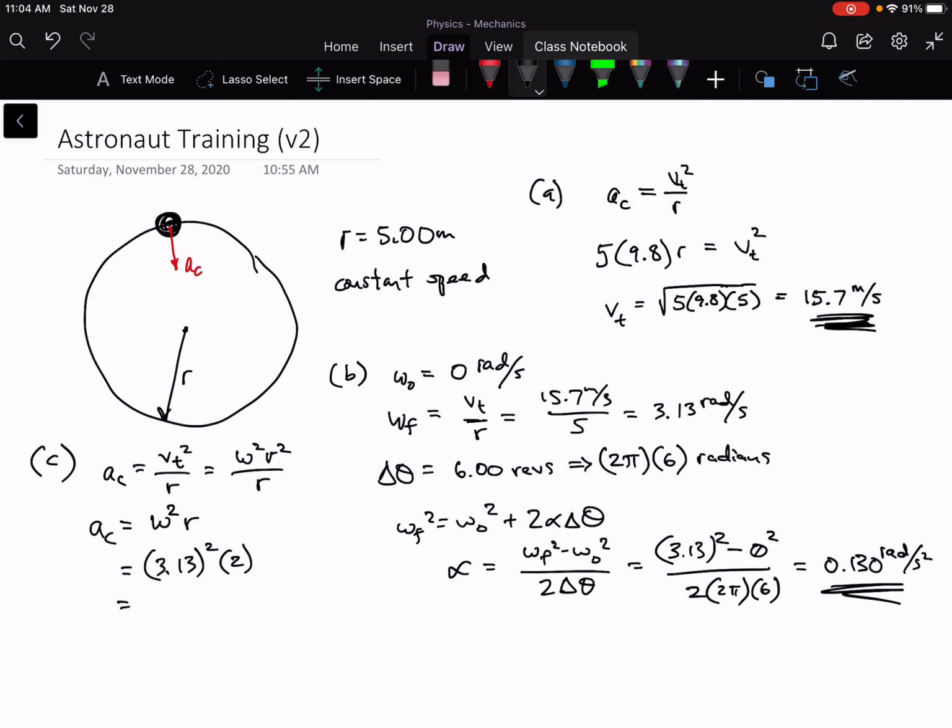So when we plug all of that in, we get something that is about 0.4 times the value that you have in part A. Let me type it into my calculator right here. We square that, and then we multiply it by 2, and we get 19.59. There's been some rounding error here because that is otherwise known as 2g. Okay, so there's the problem.